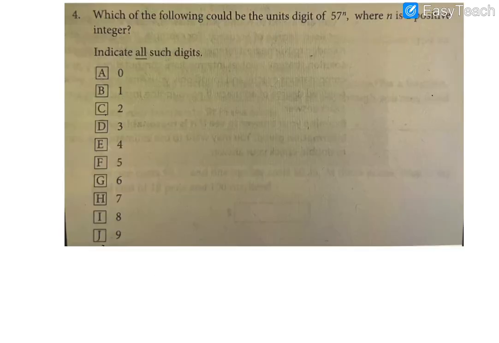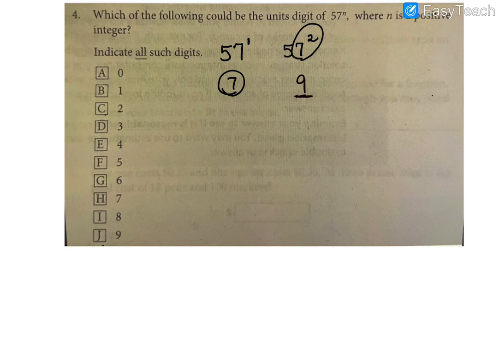And then on the last one, we're looking at powers of 57, and thank goodness we're only focused on the ones digit. So, of course, 57 to the first would give you a 7 in your ones digit. If you do 57 squared, you've got to think about 7 squared giving you 49, so that would put a 9 in your ones digit. We don't care about the other digits.